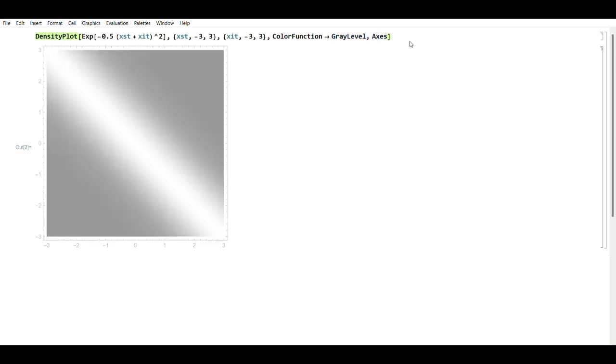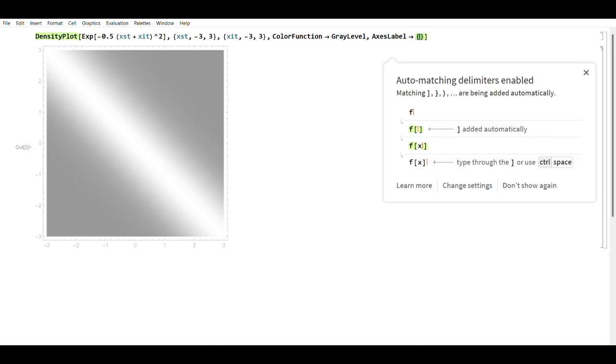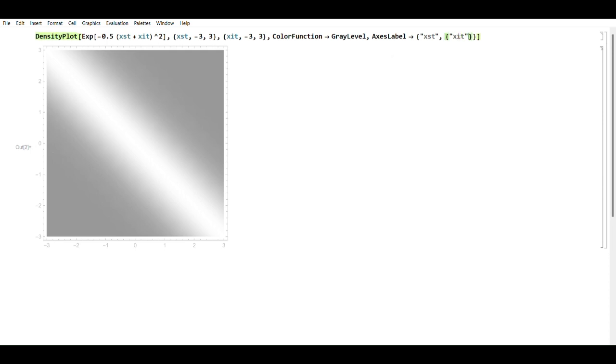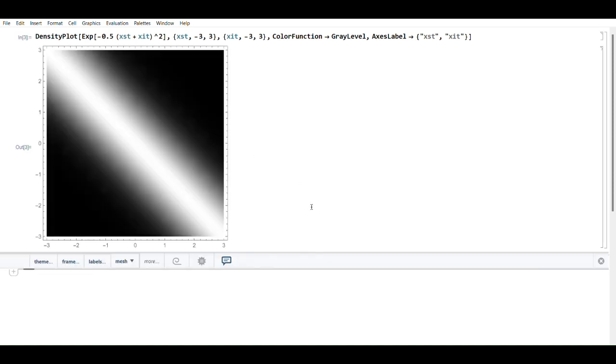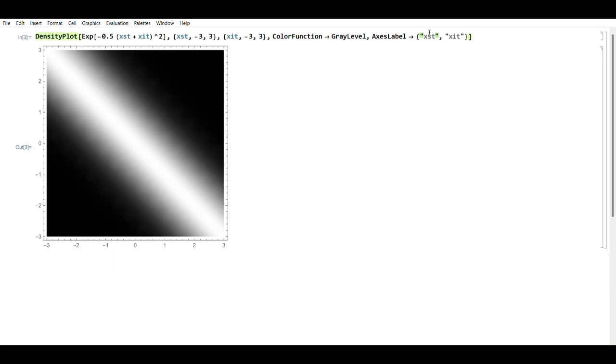I forgot the syntax for label, but I believe it's AxisLabel. I think this should work. Oh, it did not. Where is the label?